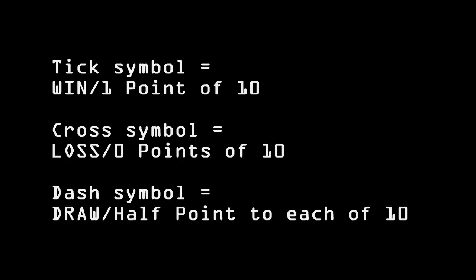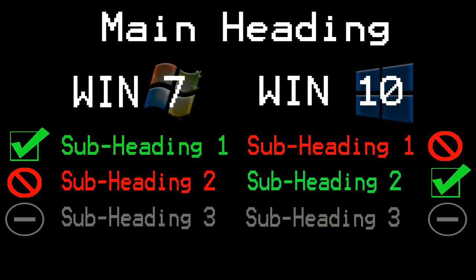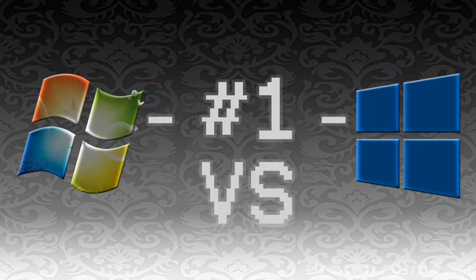So like I said, this is out of 10, a win equals 1 point, a loss equals no points. And if there is a dash on both of them in a line, so no tick, no X, just a dash or a hyphen, this simply means a draw, and then both Windows 7 and 10 will get half a point for that subcategory.